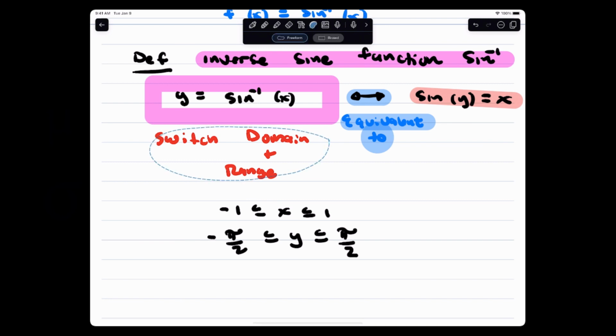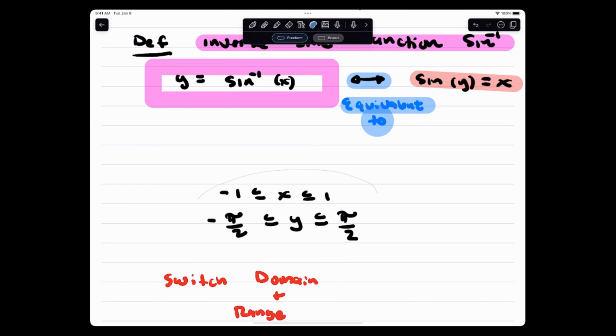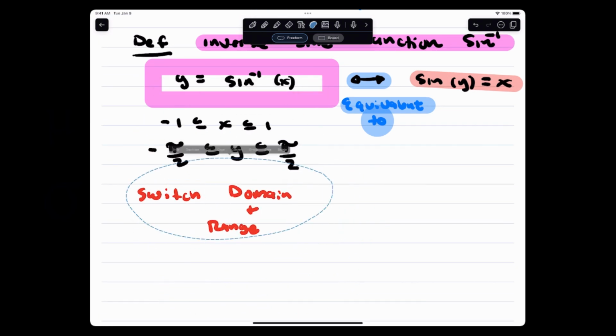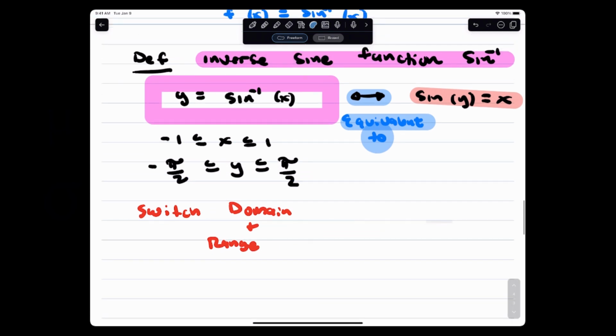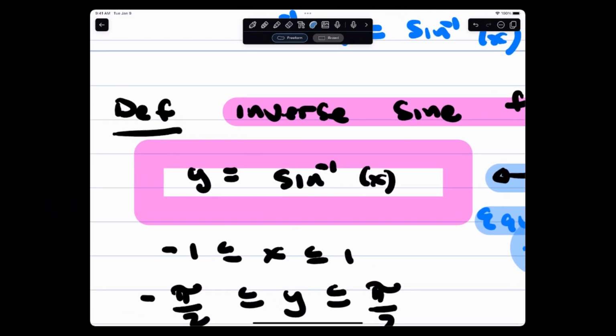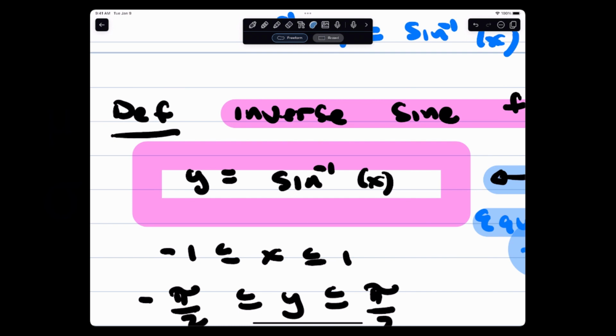So I'm going to move that down here. Move this up here. And now we're going to answer the question: does this have a graph? And the answer, ladies and gentlemen, is absolutely. Because you're now switching the x and y values like we did. You're looking at this function now as its own function where the input is x, the output is y.